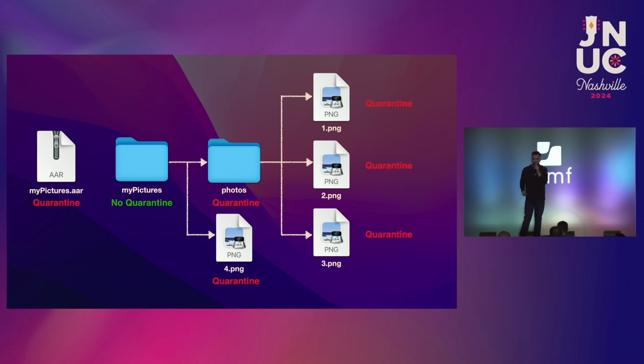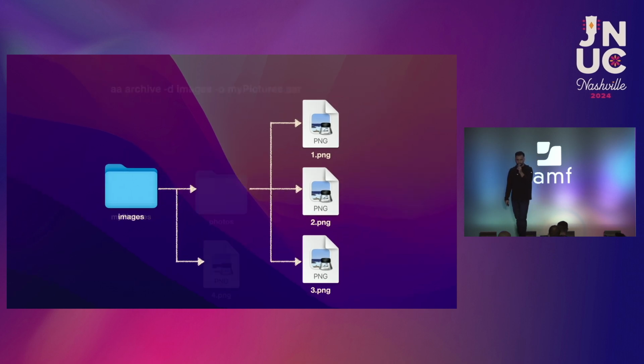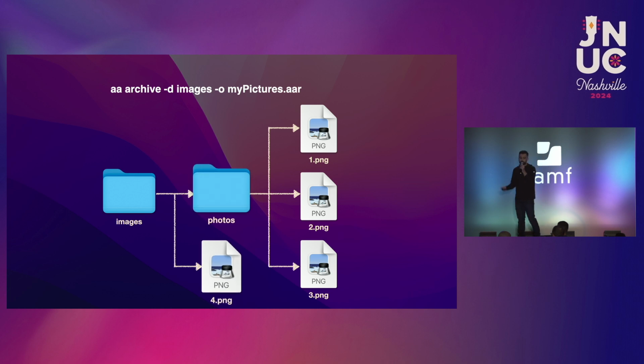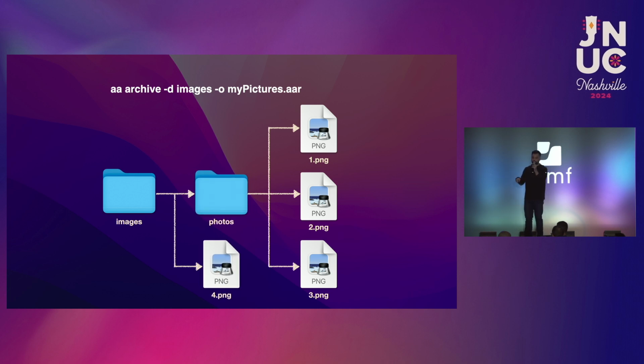Let's take a look at why this My Pictures folder does not have a quarantine attribute applied to it. As we recall, we only noticed this behavior when we added the 4.png photo. As it turns out, when extracting an archive containing two or more files or folders in its root directory, Archive Utility will create a new folder based on the specified archive name.